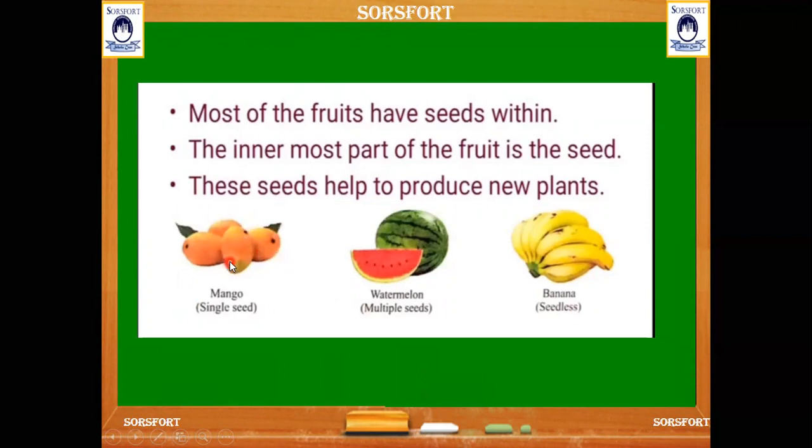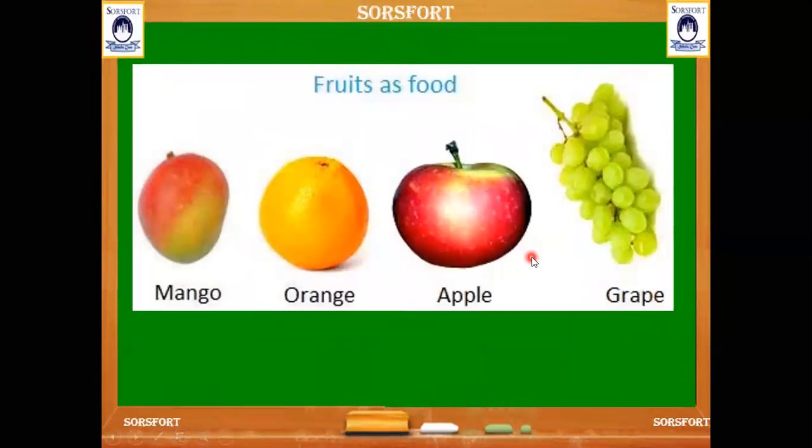Here is the mango which has only one seed, that is a single seed. And here we can see the watermelon which has multiple seeds. And here is the banana which has no seeds. And we can take some of the fruits like apple, mango, orange and grapes as our food.